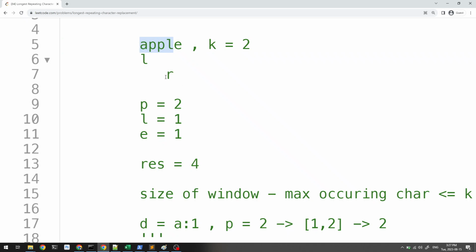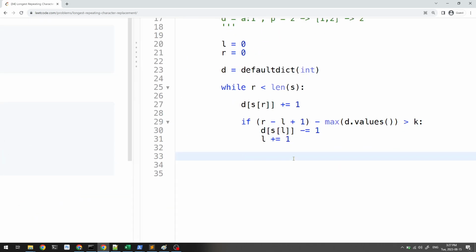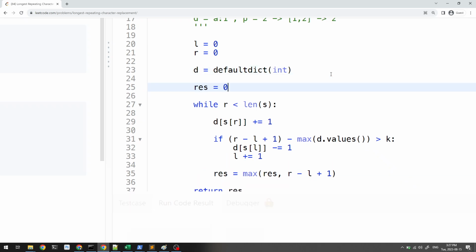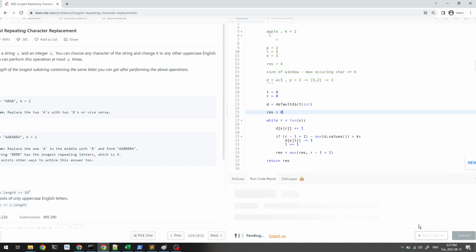Maybe if I arrive over here, obviously this is not valid, so we'll move this inward by 1. We're still always maintaining a valid window that will satisfy this equation here. So my result will always be the maximum of result and the window size, which means we have to define result at the start as 0, and then that's basically the solution here.